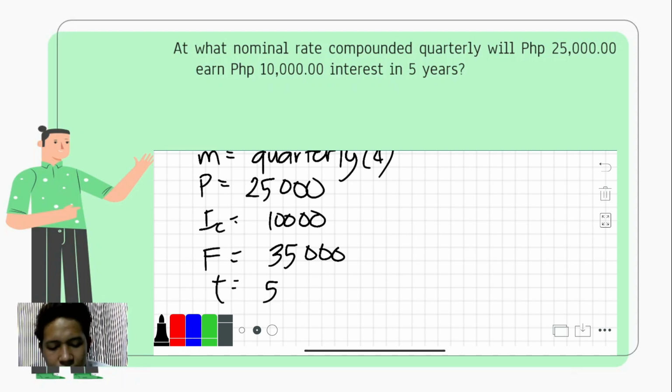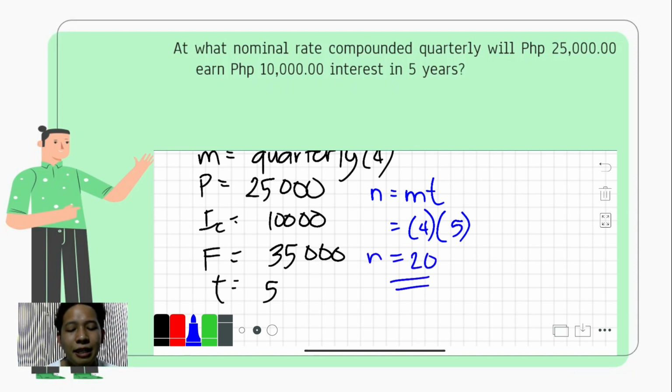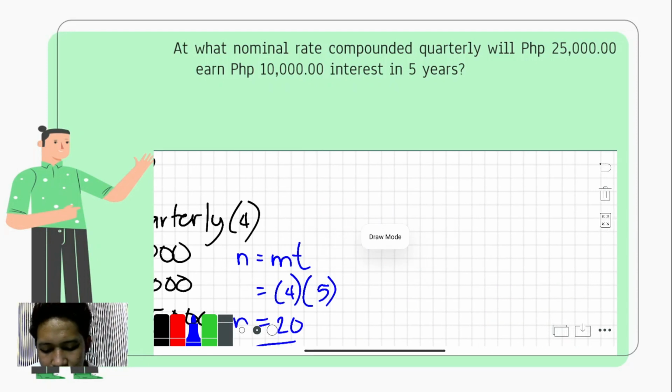Okay? So, ang pwede na po muna natin kunin is the value of N, to which we multiply M and T. And then, ang M natin is 4 kasi quarterly and our time is 5. So, the value of N would be 20. Okay po? And then, we now plug in the values to our formula. We'll now use yung formula na meron tayo.